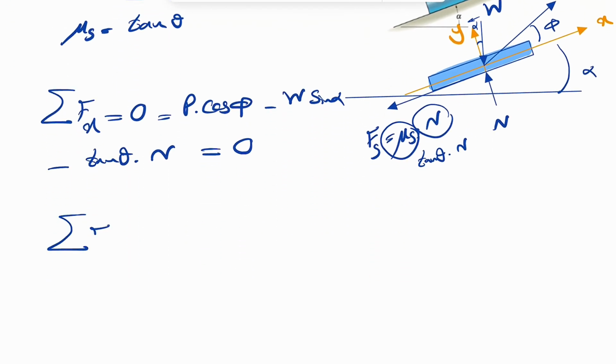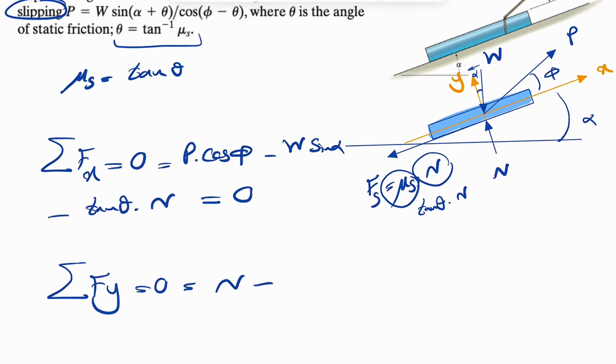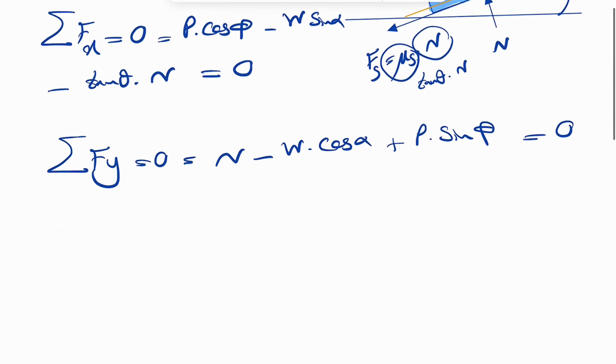Let's move on to the sum of all forces in y equals 0. We have N, which is positive. We have the y component of W, which this time is W cosine of alpha, negative. And we have P sine of phi, which is also negative, and this equals 0. From the second equation, we can see that N is equal to W cosine of alpha minus P sine of phi.